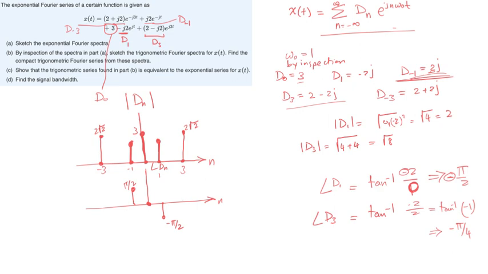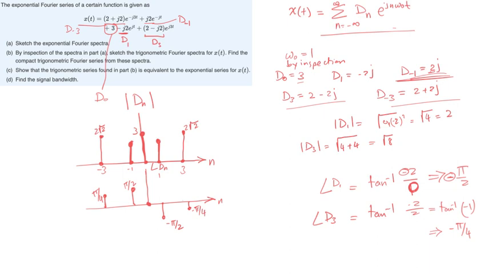So you have here at 3, minus pi over 4. And similarly for D minus 3, it's symmetric from the other side, but anti-symmetric. So again, it's pi over 4. So that's the sketch of the magnitude and the phase of the spectra.